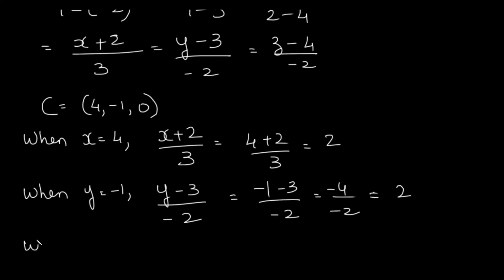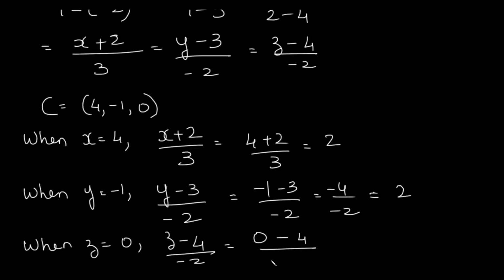Then similarly, the third case, when z is equal to 0, z minus 4 upon -2 is actually 0 minus 4 upon -2, which is again -4 upon -2, which is 2. That means the coordinates of C satisfy the equations of line AB. The coordinates of C satisfy all the 3 equations.